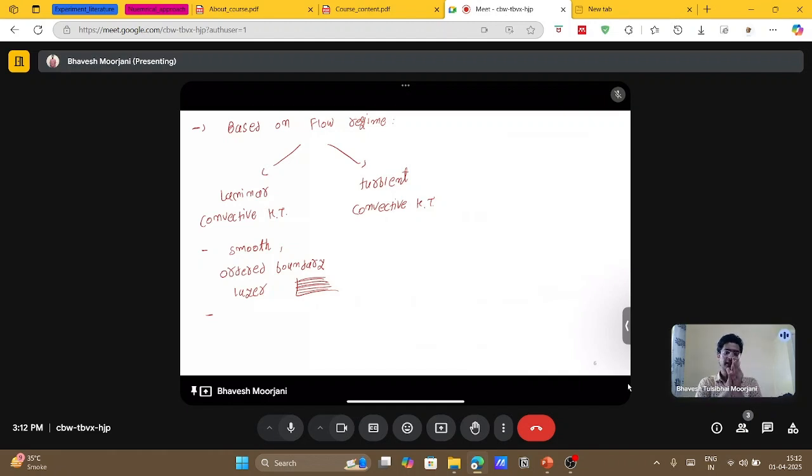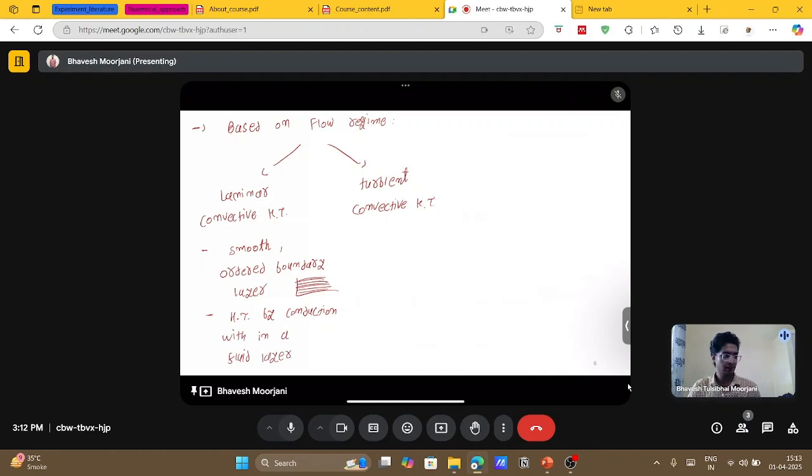Thus you can consider heat transfer is occurring by conduction within the fluid layers, right? So you can visualize heat transfer by conduction within fluid layers.